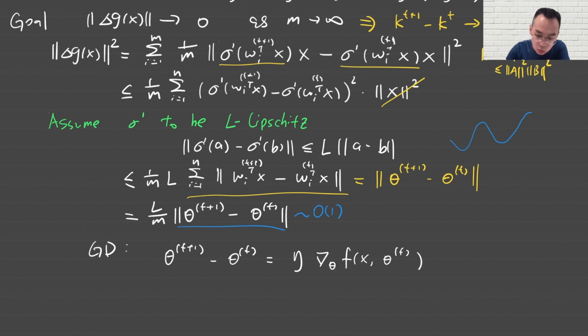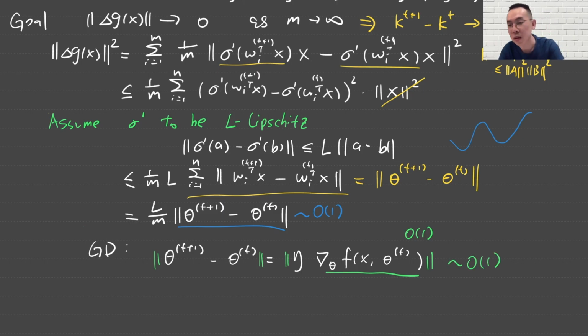So when we take the norm of this, that's going to be easy, right? Because we already showed that the norm of this gradient here is O(1), right? So when we multiply that by the learning rate eta, that's usually smaller than 1, right? So this whole thing here is just going to be of order 1 using this formula. Okay, so all of this is saying that we can replace this term with some constant.